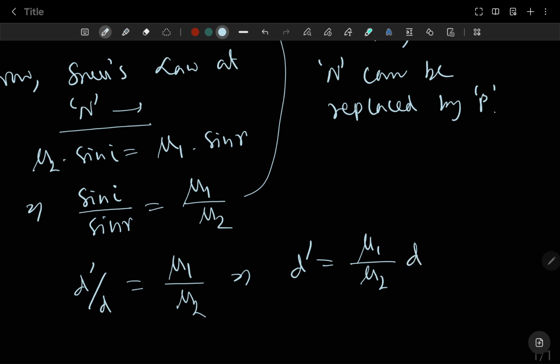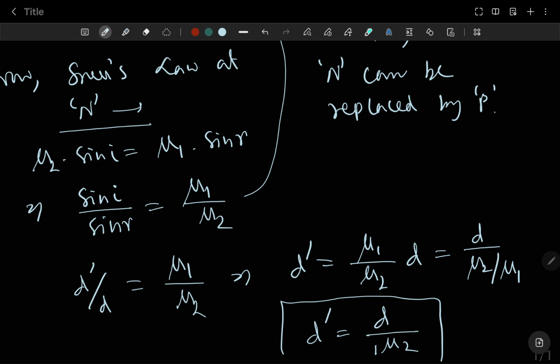Okay, so we can also write it like this, d by mu 2 by mu 1. Okay, so d dashed is basically d by mu 2 by mu 1. Okay, so this will be the apparent depth.